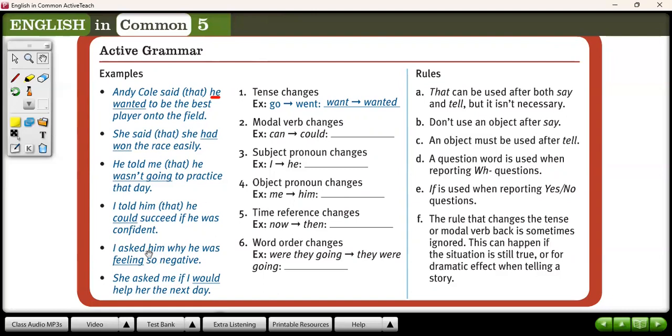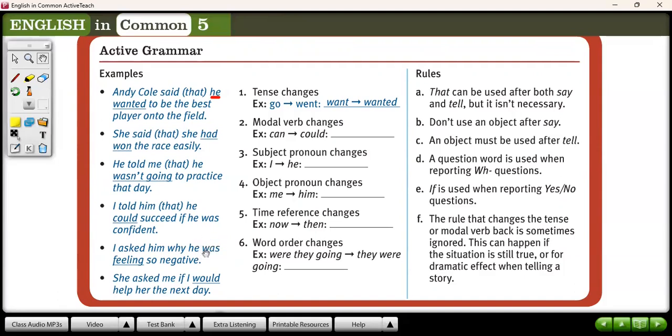When you ask something to someone, you need to use the object, in this case here, him, the question word, and notice that the order is just like a positive statement, okay? So why he was feeling so negative, not why was he feeling so negative, okay? I don't need to change the position of the pronoun subject and the verb to be.